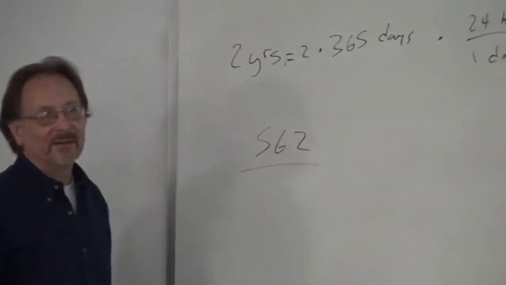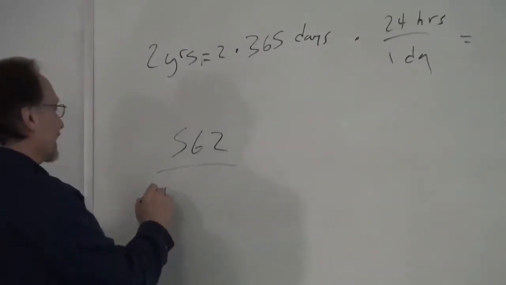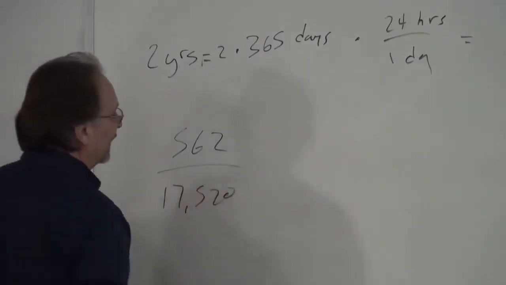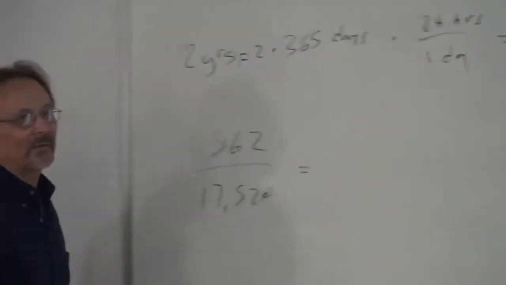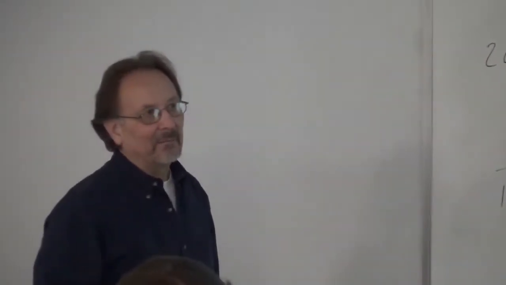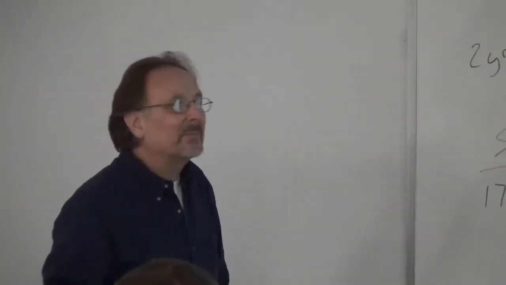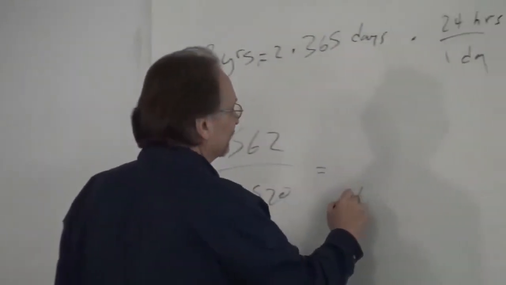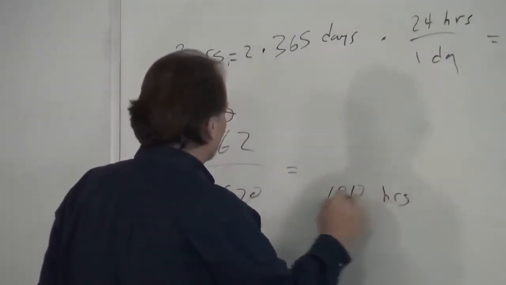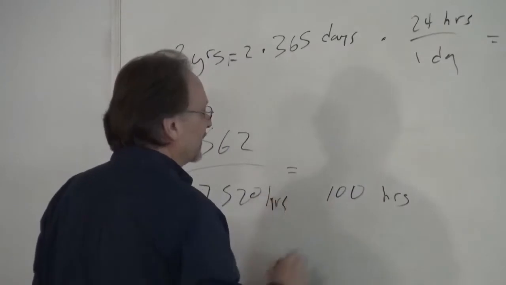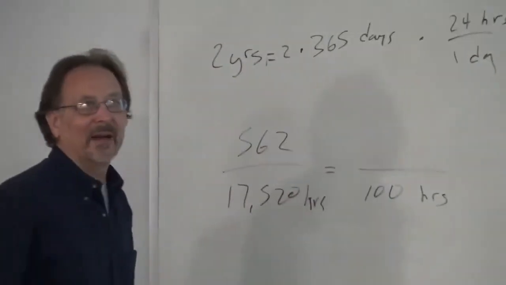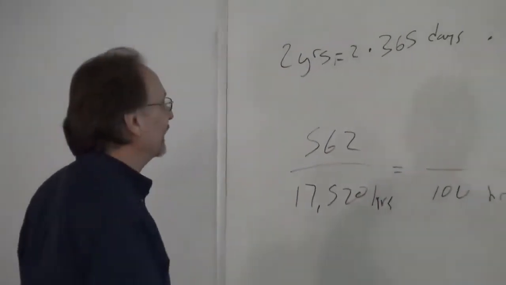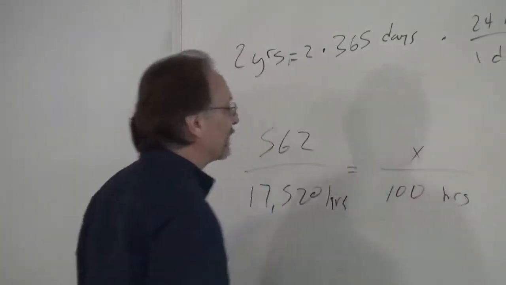Whatever it is, doesn't matter. So 562 instances in 17,520 hours. But my unit of exposure that I'm interested in is, let's say, per 100 hours. This is just like standardizing to 200,000 work hours. So I get X occurrences per 100 hours.